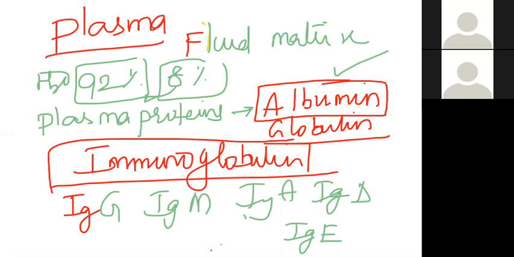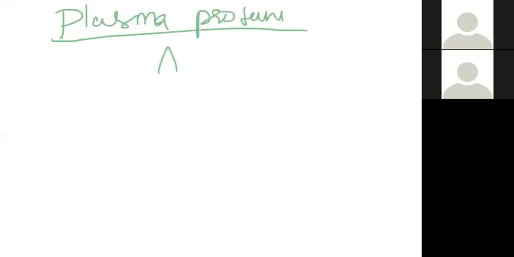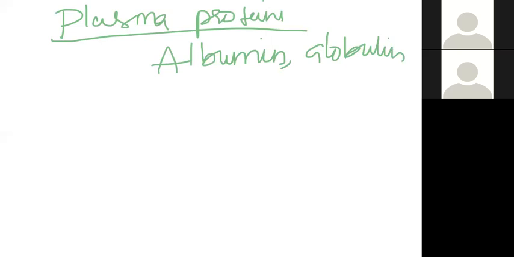Next, in the plasma proteins, we said albumin and globulin, and along with that, the clotting proteins are present.